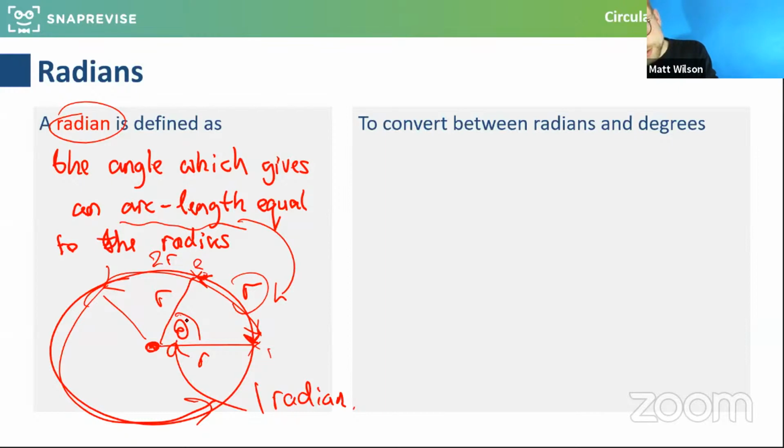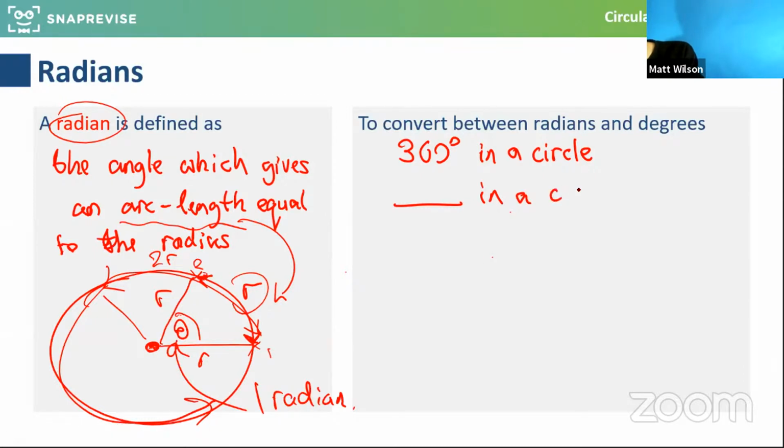First of all, with degrees, just to remind ourselves, we know there's 360 degrees in a circle. Does anyone know how many radians there are in a circle? I did very briefly sneak it in earlier. How many radians is it to go all the way around? Two pi, perfect. 2 pi radians in a circle.